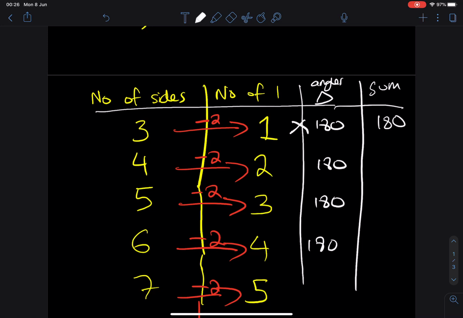The sum of angles for a quadrilateral is the number of triangles, which is 2, times 180, which is 360. 3 times 180 is 540. 4 times 180 is 720, and so on.